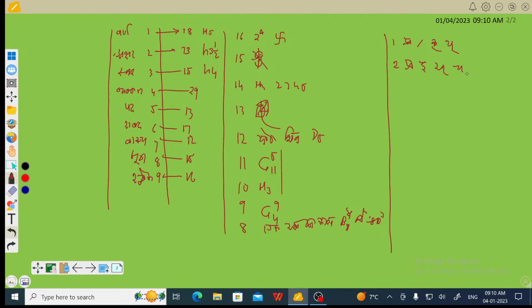Like that we can have 17 as Dravya, it is Divya, it is Atma, it is Northern Hemisphere.